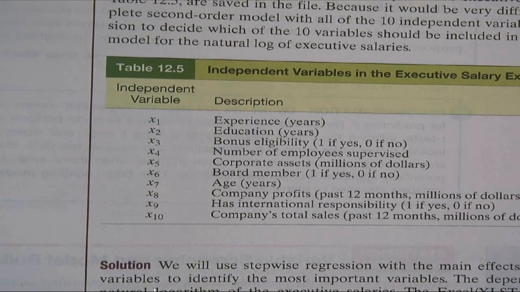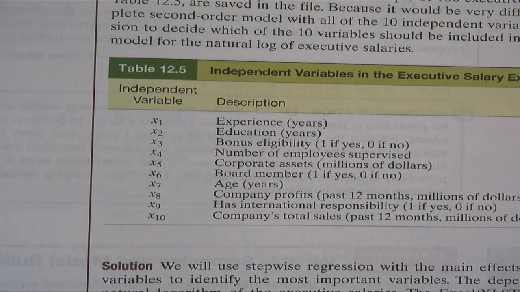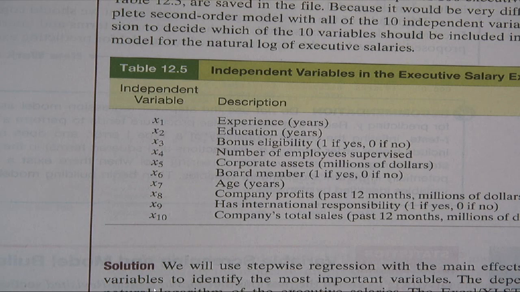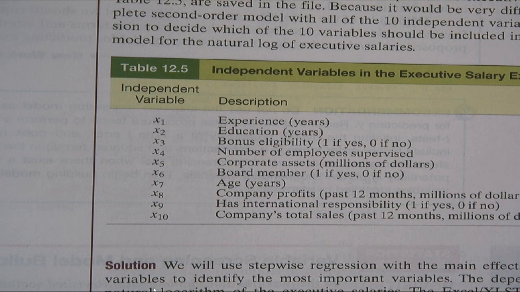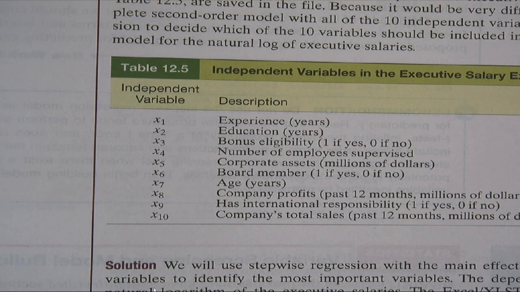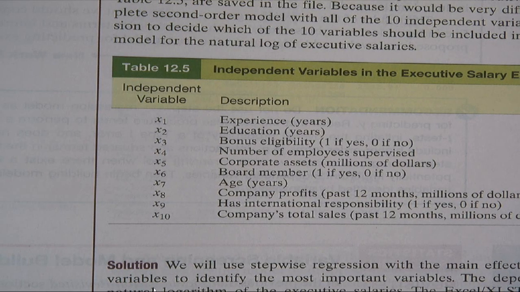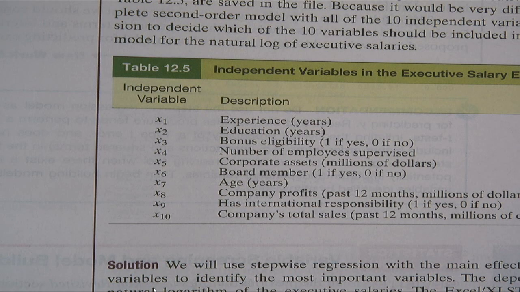Let's practice a little bit. You tell me what's quant, what's qual. First one, years of experience. What kind of variable? Quantitative. Second one, years of education. Quantitative. Third one, board eligibility, 1 if yes, 0 if no. Oh, that's qualitative, obviously. Fourth one, number of employees supervised. Quant. Fifth one, corporate assets measured in millions of dollars.